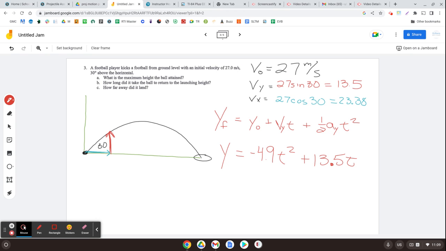Well, I think what I want to do is answer C first. We want to know, where does that thing hit 0? I could plug this into my graphing calculator. I could solve it by hand. I could graph it. There's a lot of ways to do this.